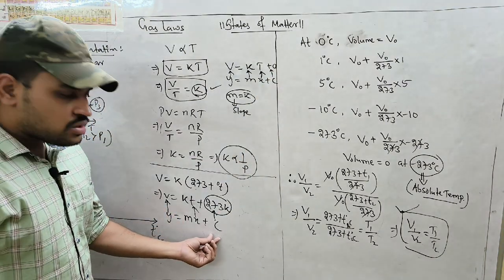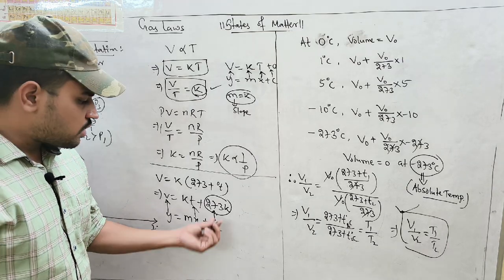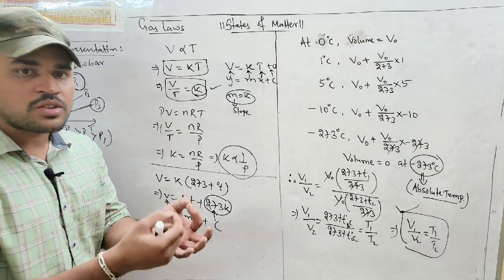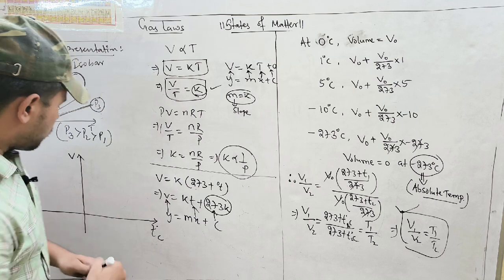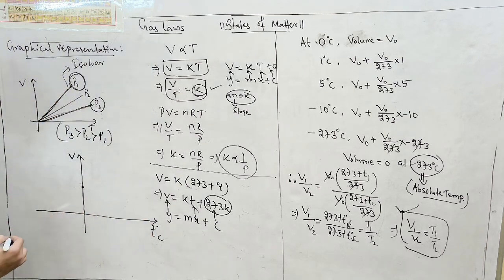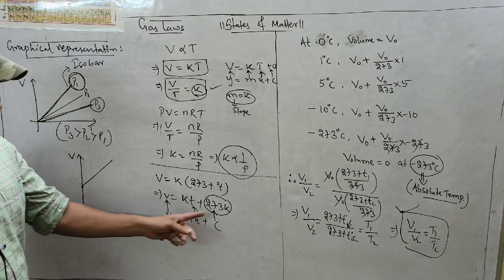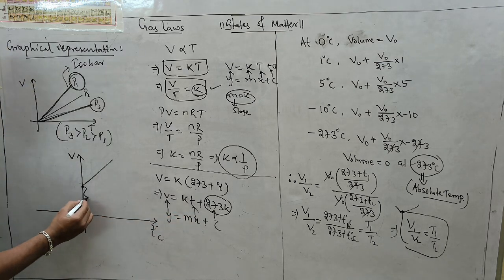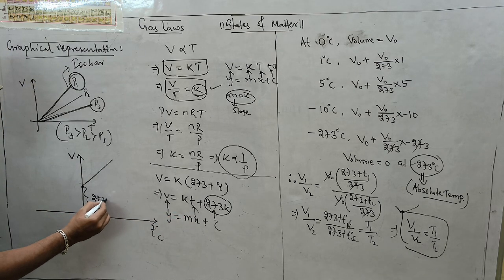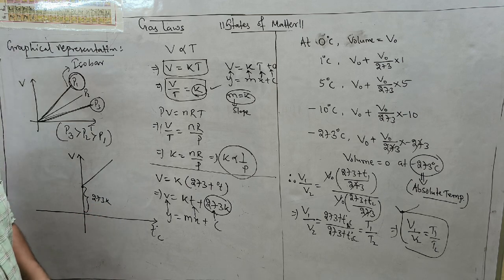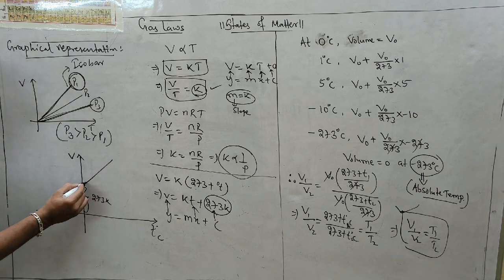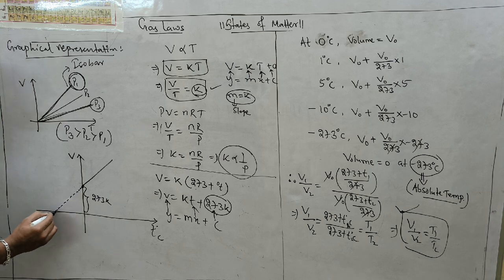But here there is some value of y-intercept, so the graph has to start from a certain point on the y-axis, because this 273K is the y-intercept. And when you extend this straight line graph backward, what is going to happen?